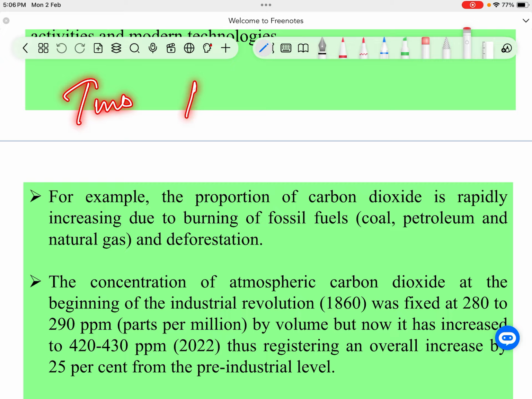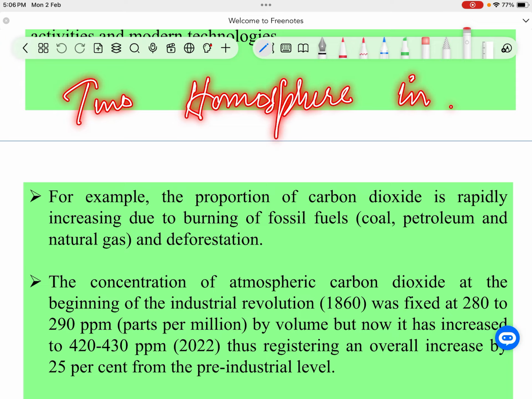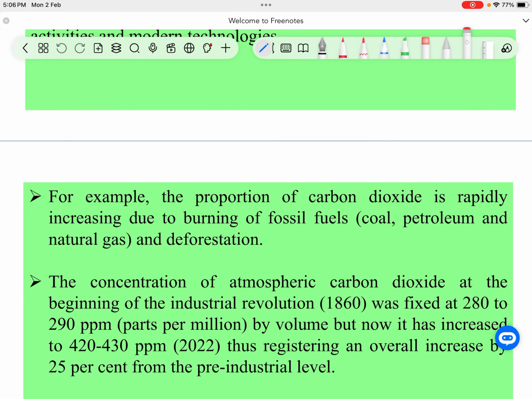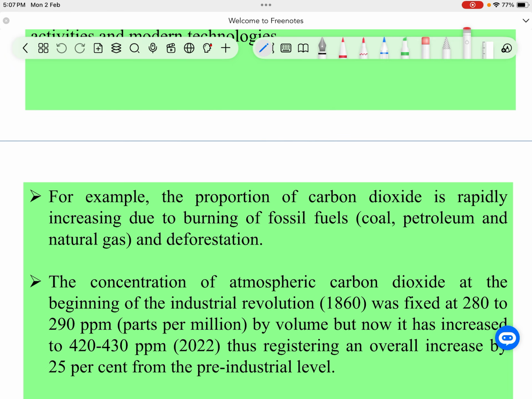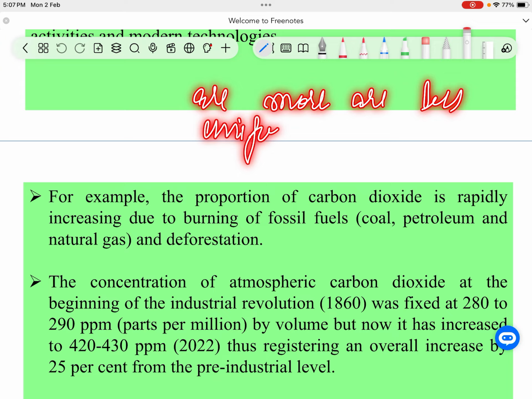One is homosphere, in which the concentration of different components such as nitrogen, oxygen, carbon dioxide, argon are more or less uniform and homogeneous.